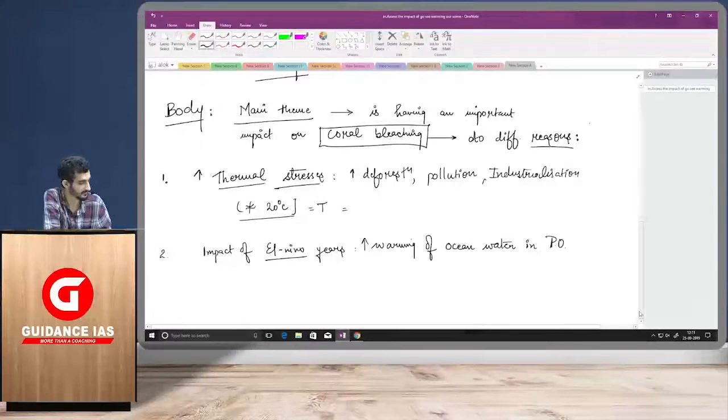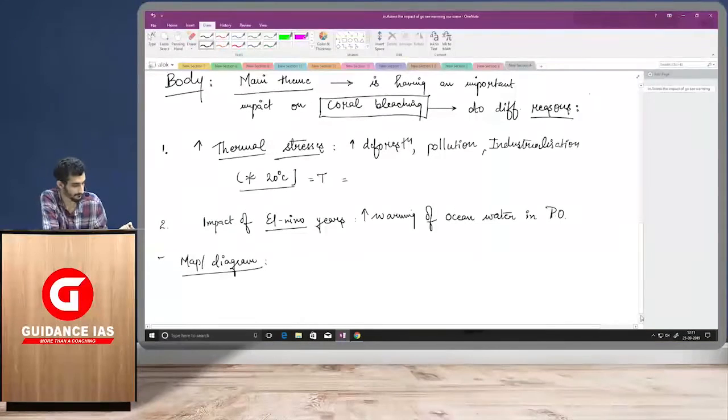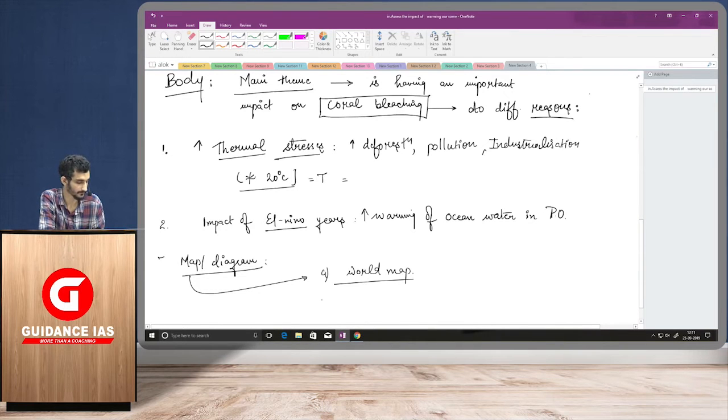And since we are attempting a paper of geography, it is always a good practice to include a map or a diagram after 2 or 3 points in the first page only. So we can either draw a world map showing the major coral reefs of the world, else we can draw a regional map showing the rate of destruction of coral reefs.